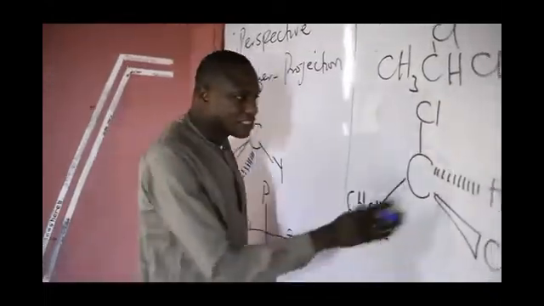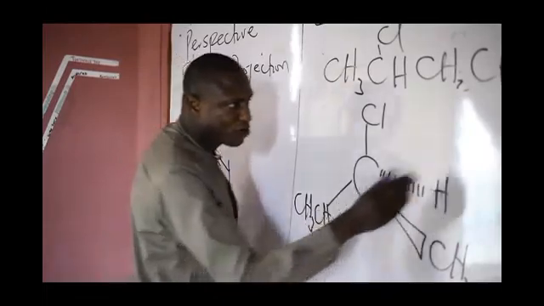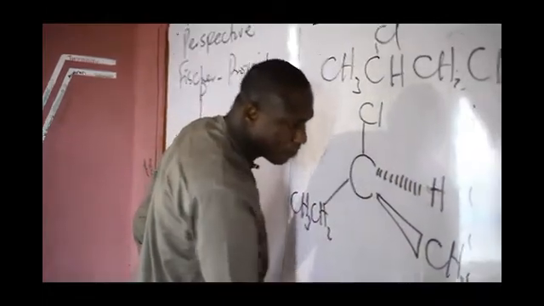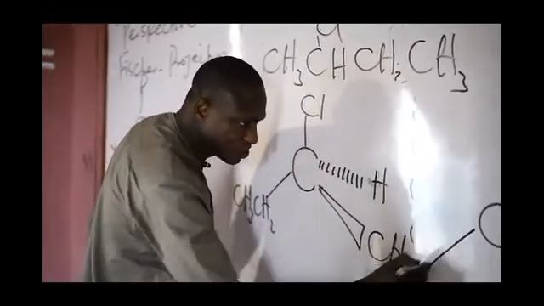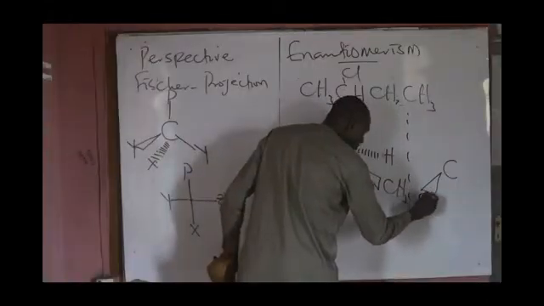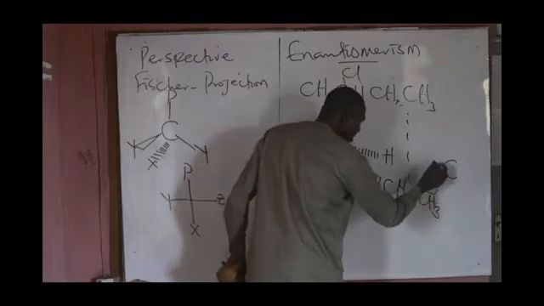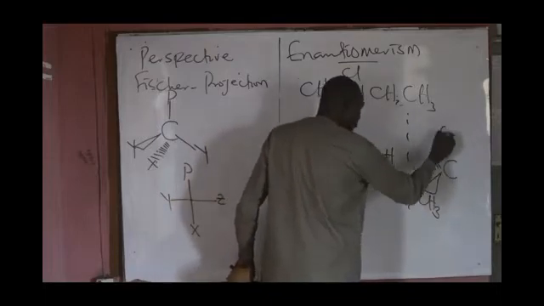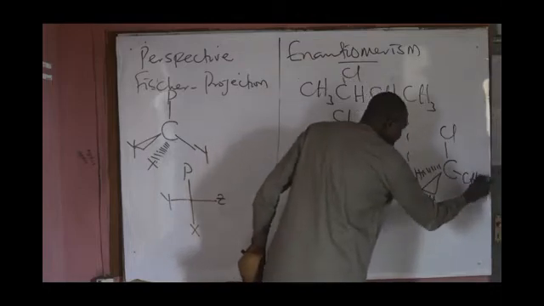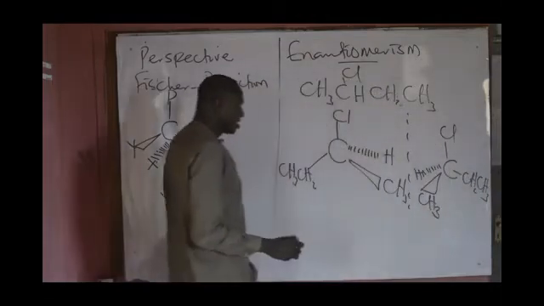Now, when you place this compound in front of a mirror or plane polarized light, you are going to have the mirror image, which will be something of this nature. So you have CH3 here, then you have the hydrogen here, you have the chloro as well as the ethyl group.